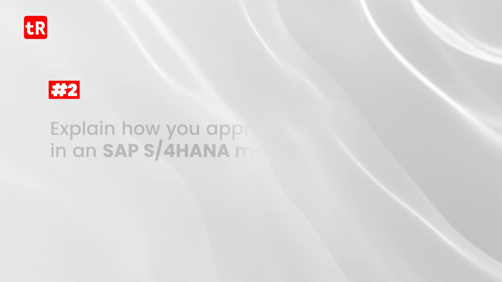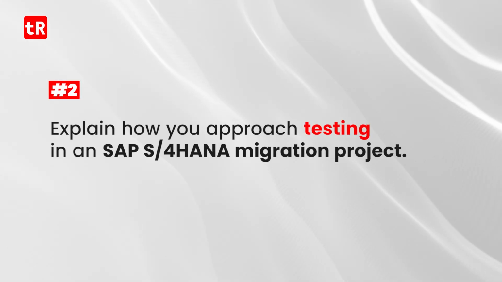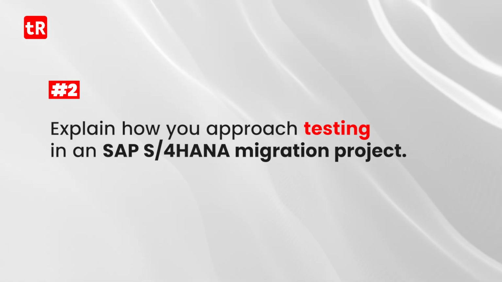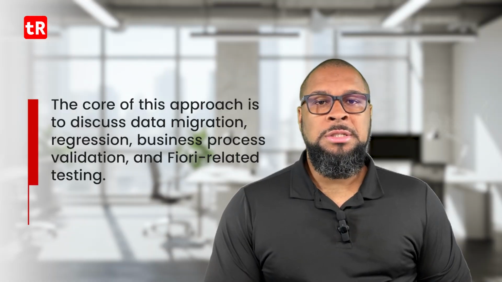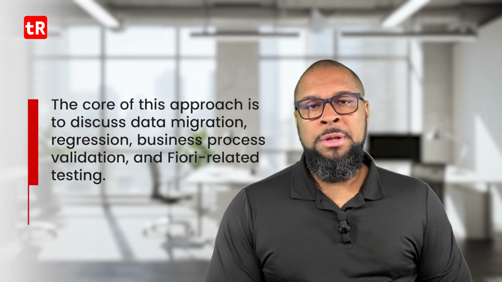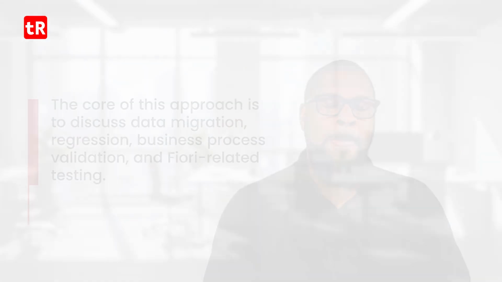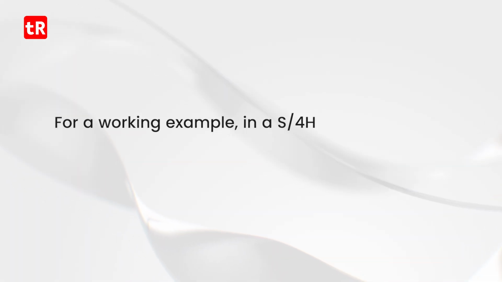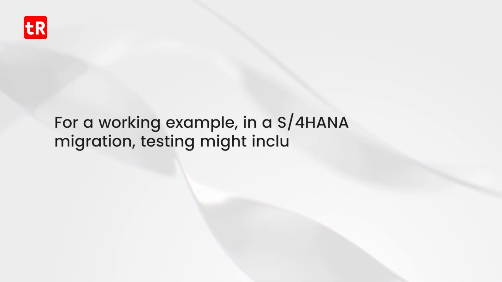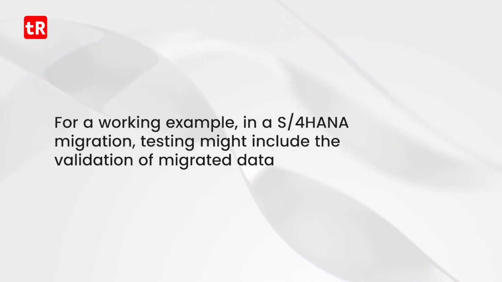For our next question, explain how you approach testing in an SAP S/4HANA migration project. The core of this approach is to discuss data migration, regression, business process validation, and Fiori-related testing. For a working example, in an S/4HANA migration, testing might include the validation of migrated data.